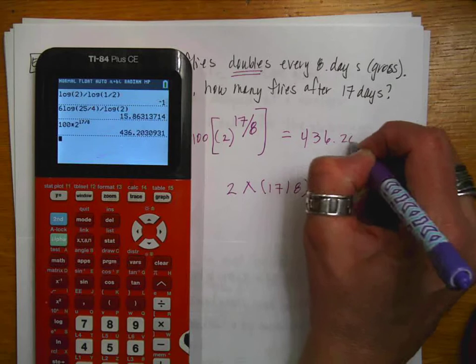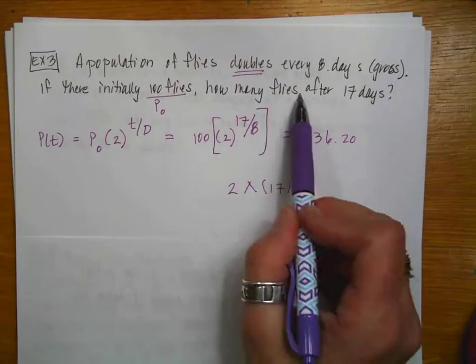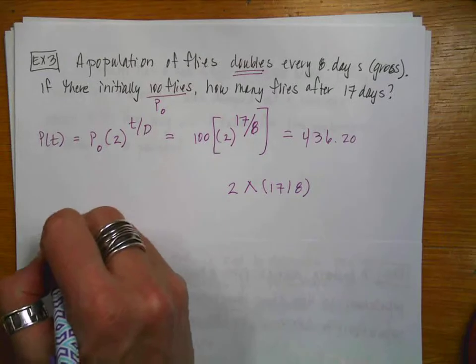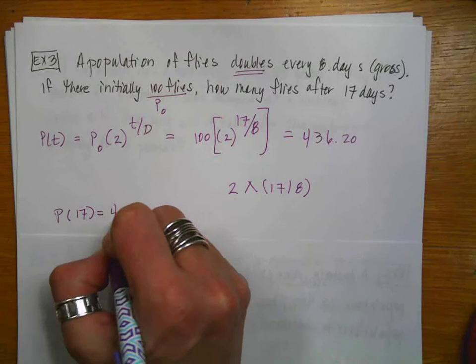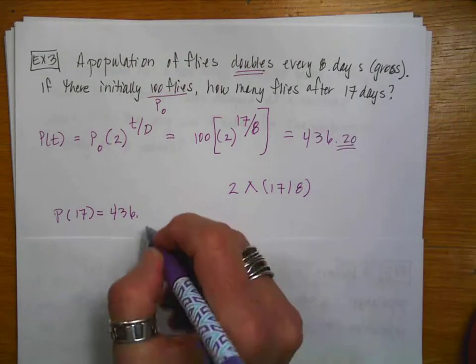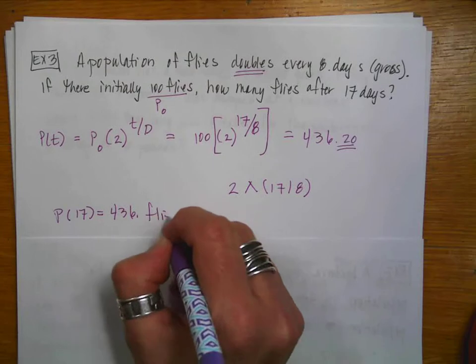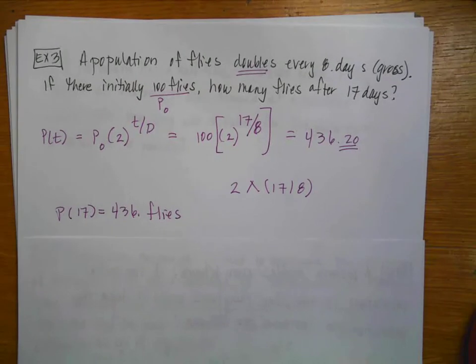And I notice that I get 436.20, and so I know that the question says how many flies are there, so P of 17 is equal to 436.2. A fraction of a fly is even more gross, so we're going to round to the next whole number, and I'm going to say that there are 436 flies after 17 days.